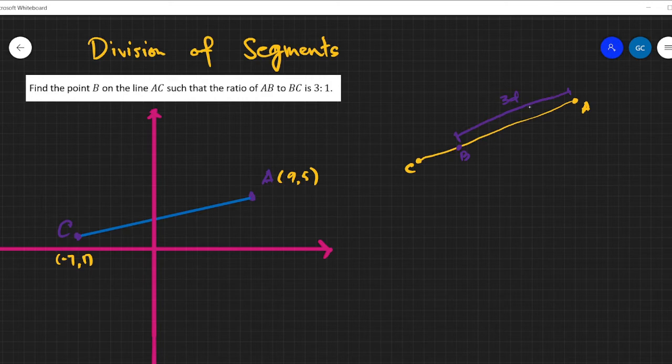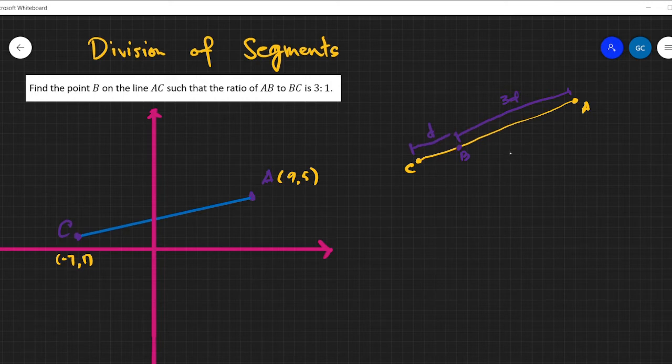It can be represented by 3D, and the distance between point B and point C can be represented by the letter D. So why do we use variables? Because we don't actually know the distance. Currently, we don't know the distance between A and C. So we will be using that D.